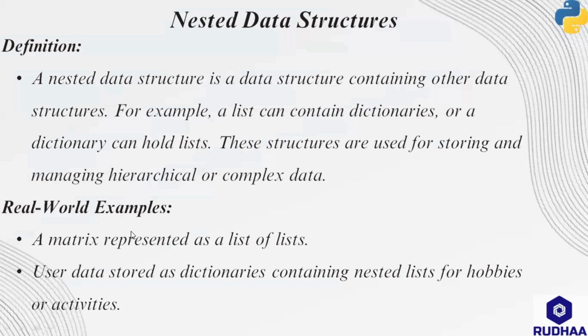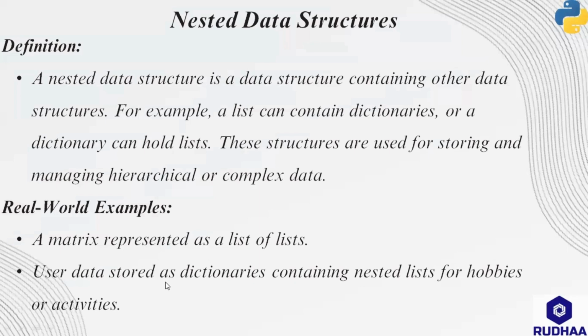Some real world examples are given. First, a matrix. A matrix is represented as a list of lists. In most complex problems, we will be using matrix values, and in those cases it is represented as a list of lists. The second example is user data.